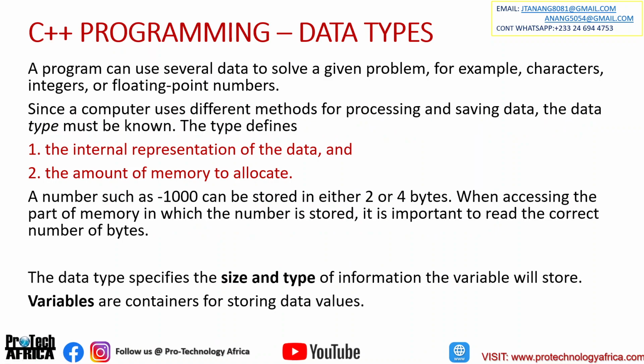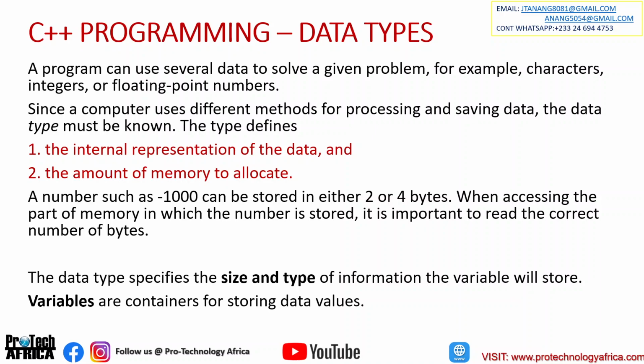So programming C++, data types. A program can use several data to solve a given problem, for example, characters, integers, or floating point numbers. So over here, we are talking about data. Remember, from the concept of computing and ICT, data has to do with raw facts and figures.